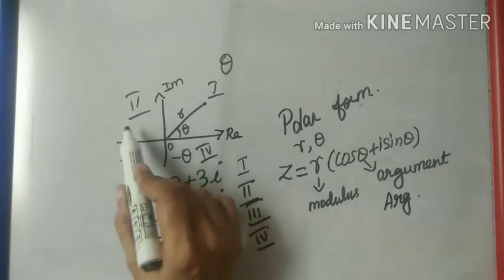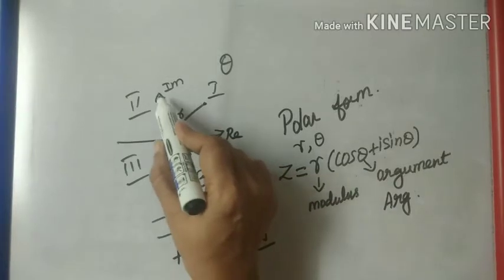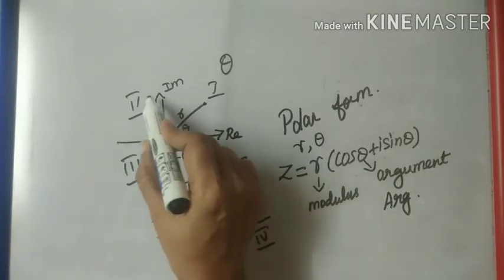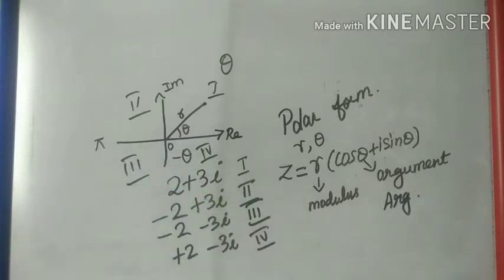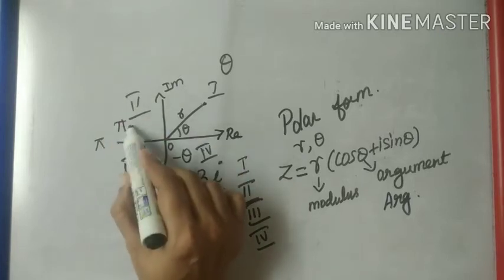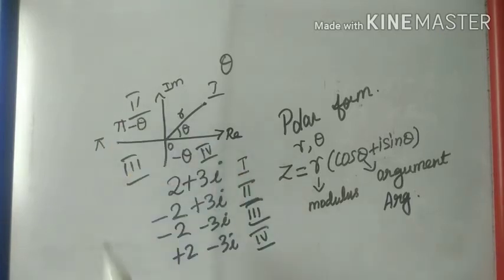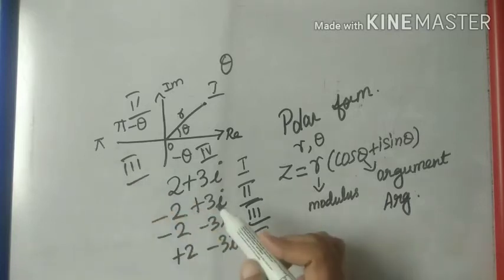And if I am in the second quadrant, this is 0 degree and so on up to 90, that is pi by 2, and so on up to 180. 180 is written as pi. So in the second quadrant, it will be pi minus theta. And third quadrant, do not say pi plus theta.